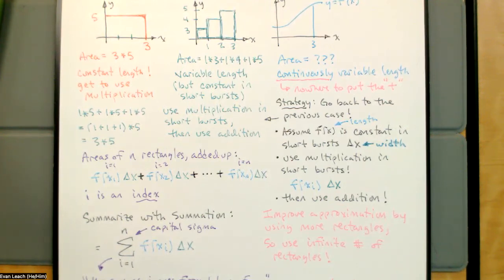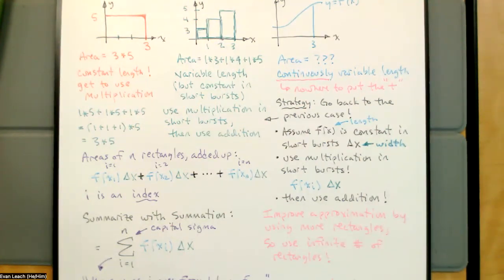Now we just need to replace area is equal to length times width with whatever we have. Distance is equal to rate times time, but our rate is continuously variable. Same argument. Replace length with rate and width with time. Work is equal to force times distance, but our force is continuously variable. Replace area with work, length with force, width with distance.